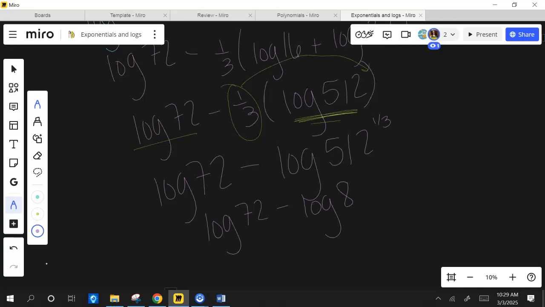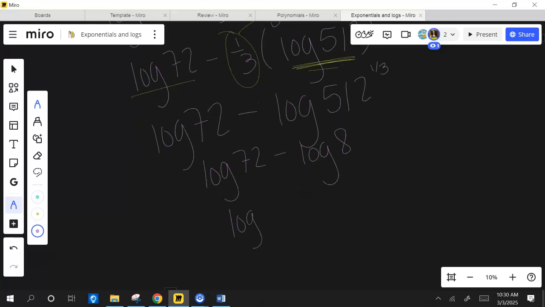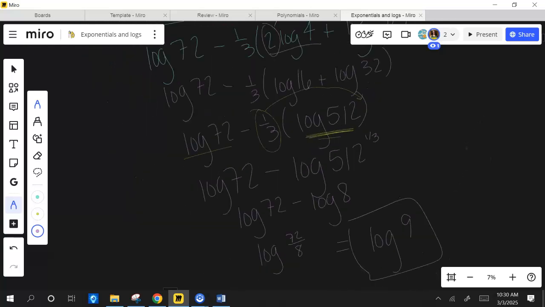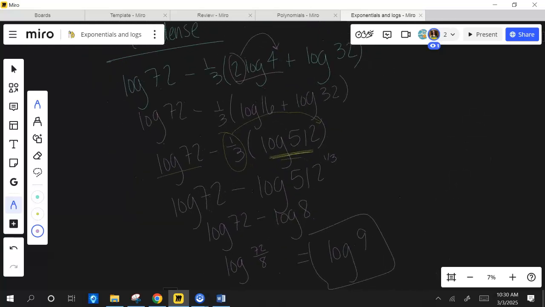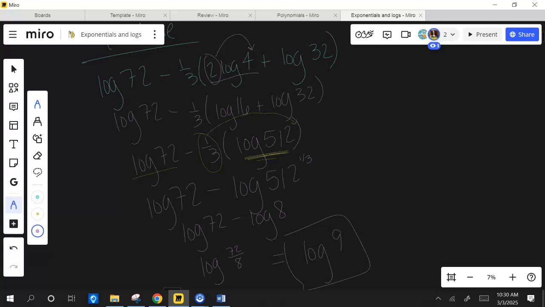Now what? Log of 72 divided by 8, which is, there you go. All of that, and I come down just to log 9. Okay, so we squared 2 to the 4.